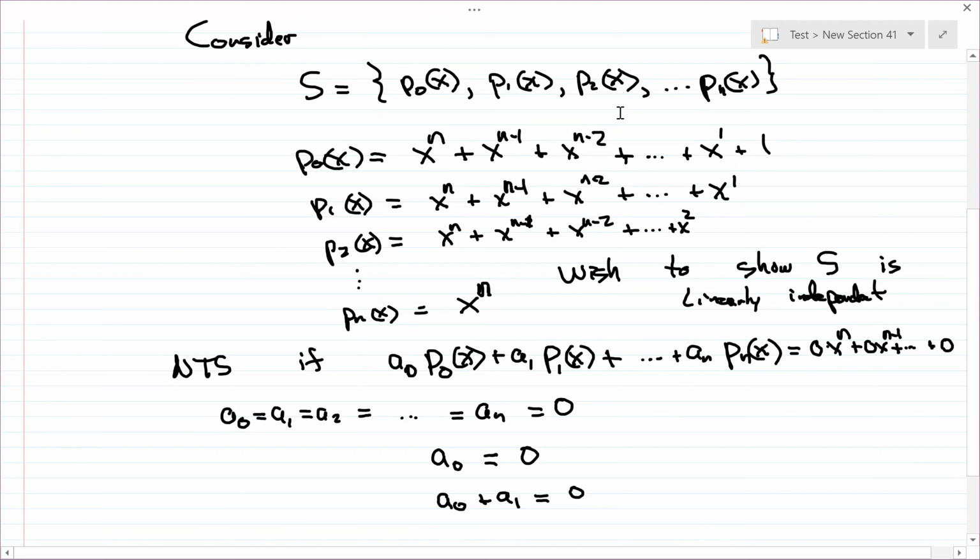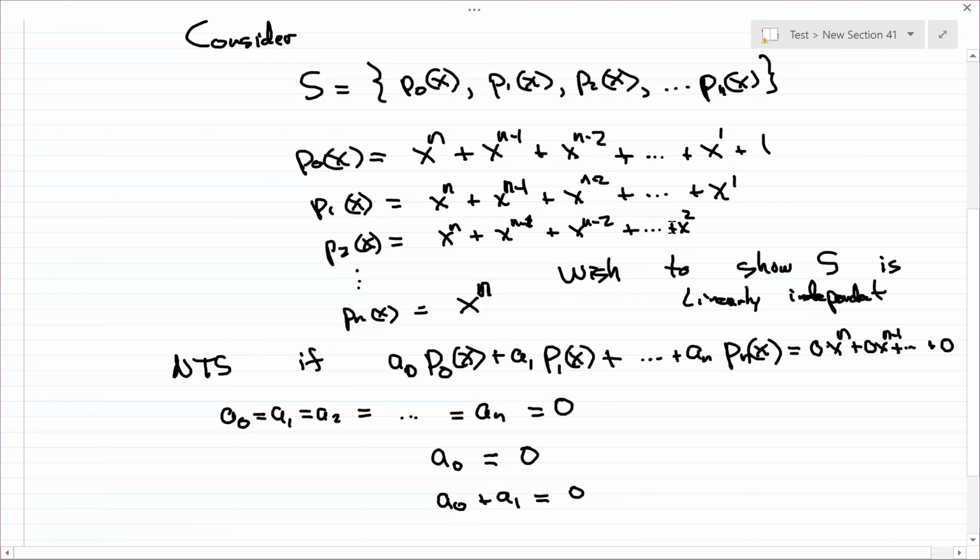And now you get the idea of how this works. If you're going to look at the component being the coefficient of x squared, P0 has an x squared coefficient, which is 1. P1 has an x squared coefficient which is 1.